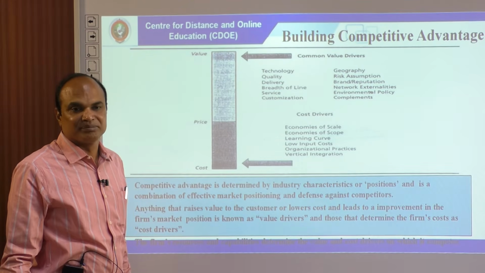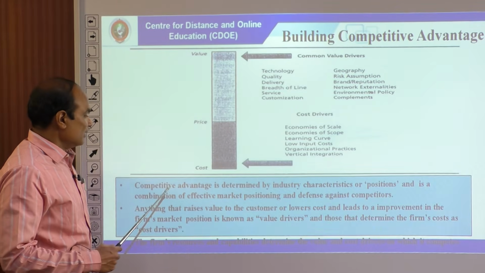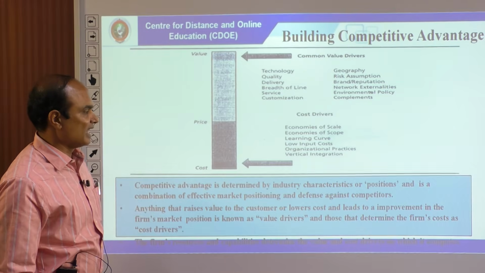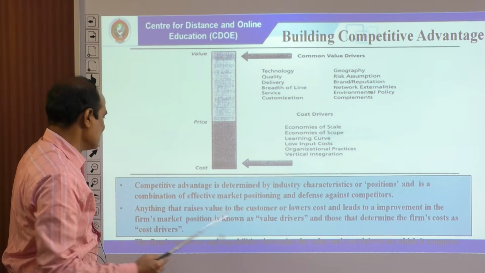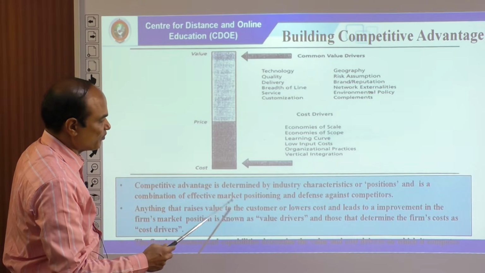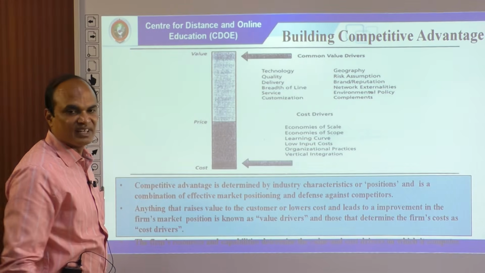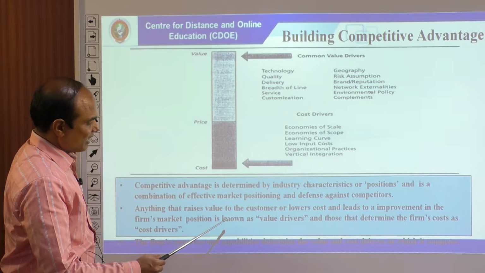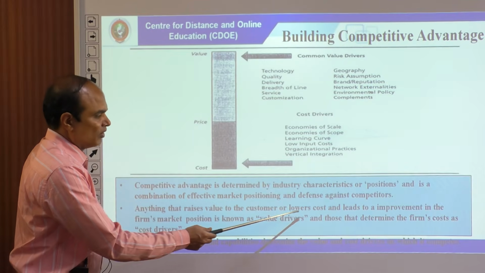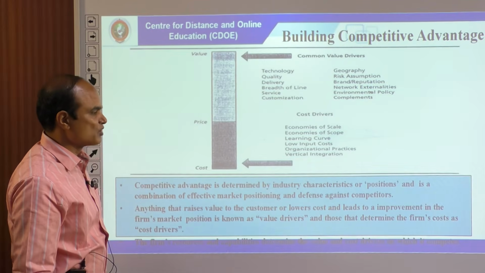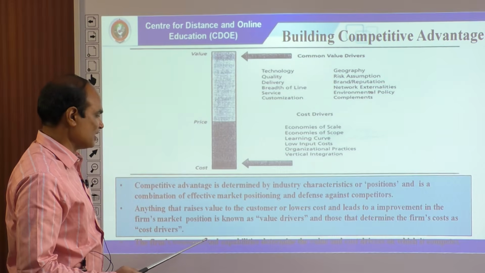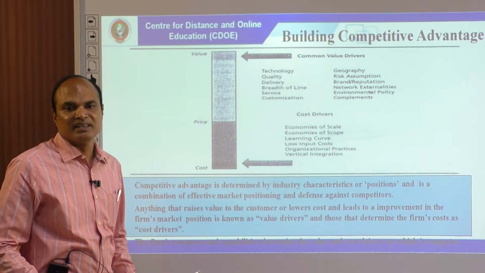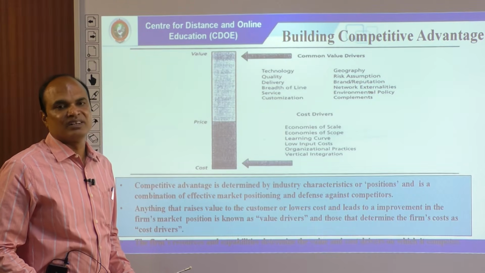Therefore, competitive advantage is determined by industry characteristics or positions and is a combination of effective market positioning and defense against competitors. Anything that raises value to the customer or lowers cost and leads to an improvement in the firm's market position is known as a value driver, and those that determine the firm's cost are cost drivers.